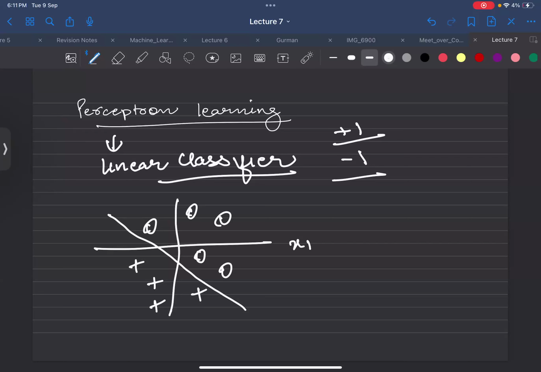What do you mean by that? Plus or circles? Like, what do you think? This is a hyperplane. They are basically separating the classes. So we are drawing a line to separate the classes. That is what a classifier does. Is it clear?